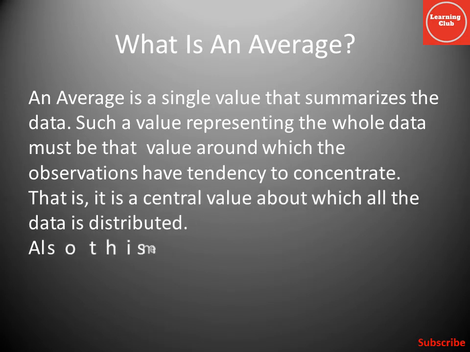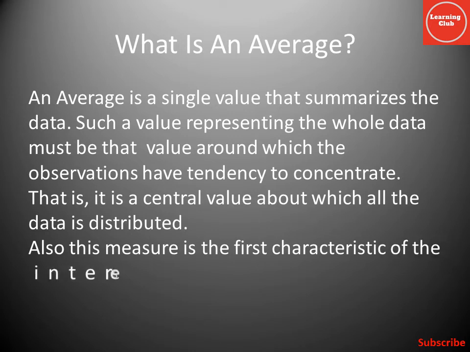Such a value representing the whole data must be the value around which the observations have a tendency to concentrate. Remember, our main topic is measure of central tendency. So when we calculate an average, it should be the value around which the observations tend to concentrate. That is, it is the central value about which all the data is distributed.